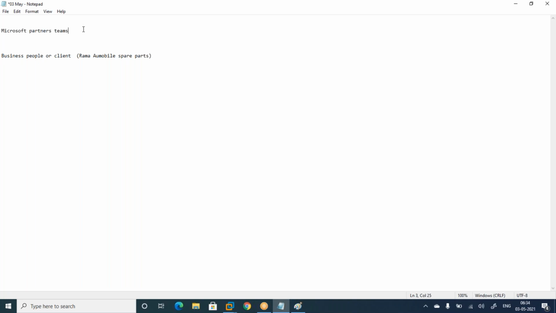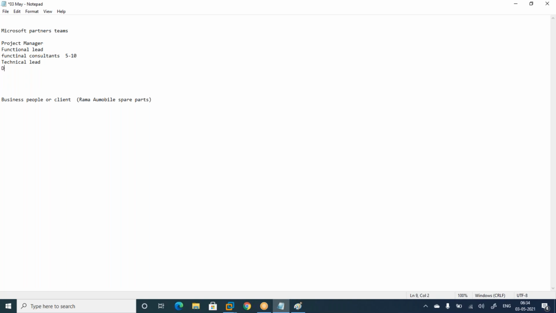So in this there will be a project manager, and then there will be leads. Maybe one is a functional lead, another one is a technical lead. And there are functional consultants, like finance functional consultants, all functional consultants, maybe a team of 5 to 10 members, depending upon the size of the application.